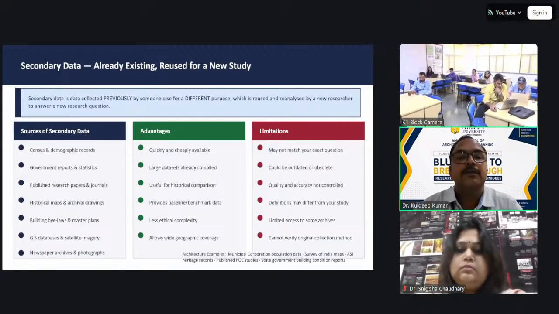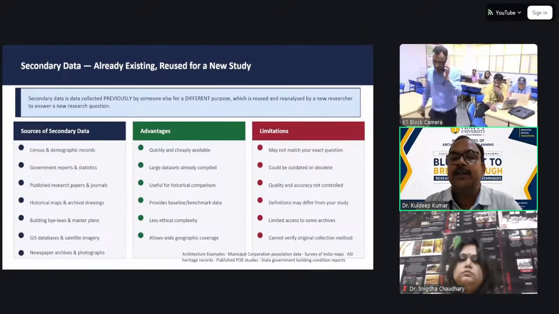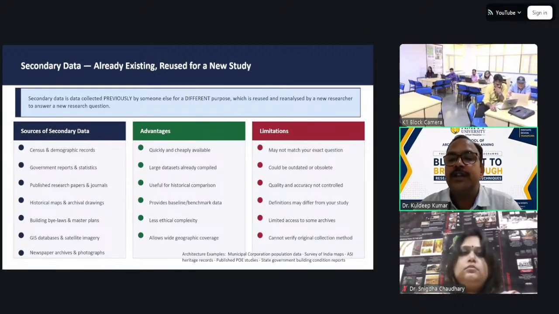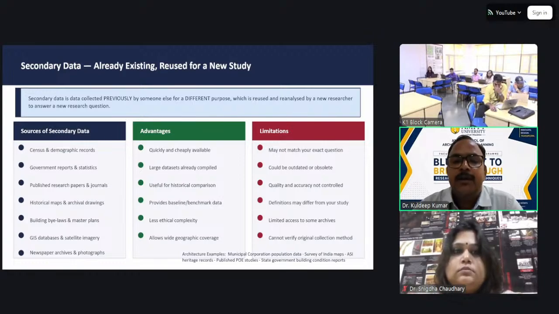Examples relevant to the architecture domain are using municipal corporation ward level population data to study housing demand, or using published post-occupancy studies from other institutions as comparative benchmarks, or accessing Archaeological Survey of India records for a heritage documentation study.